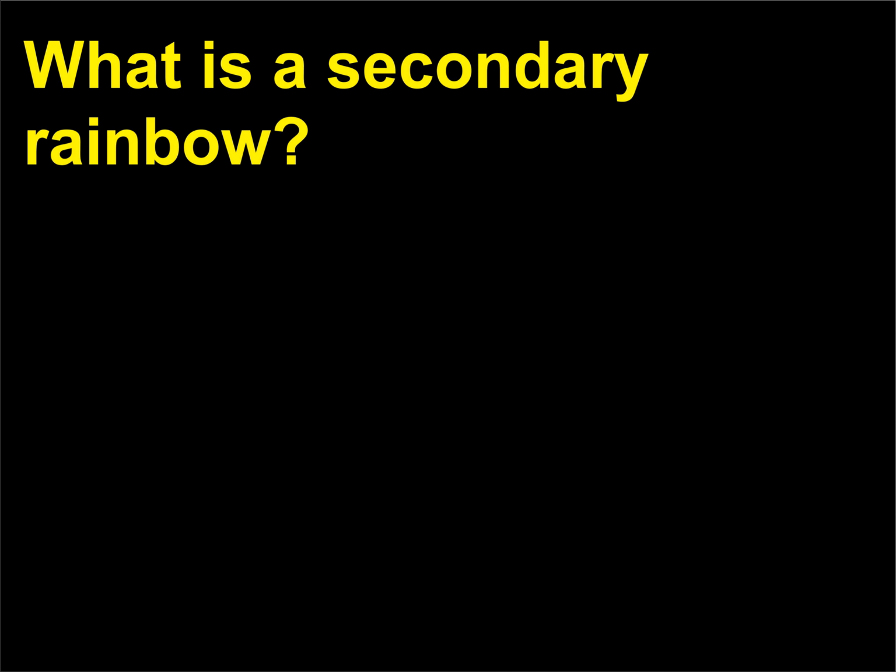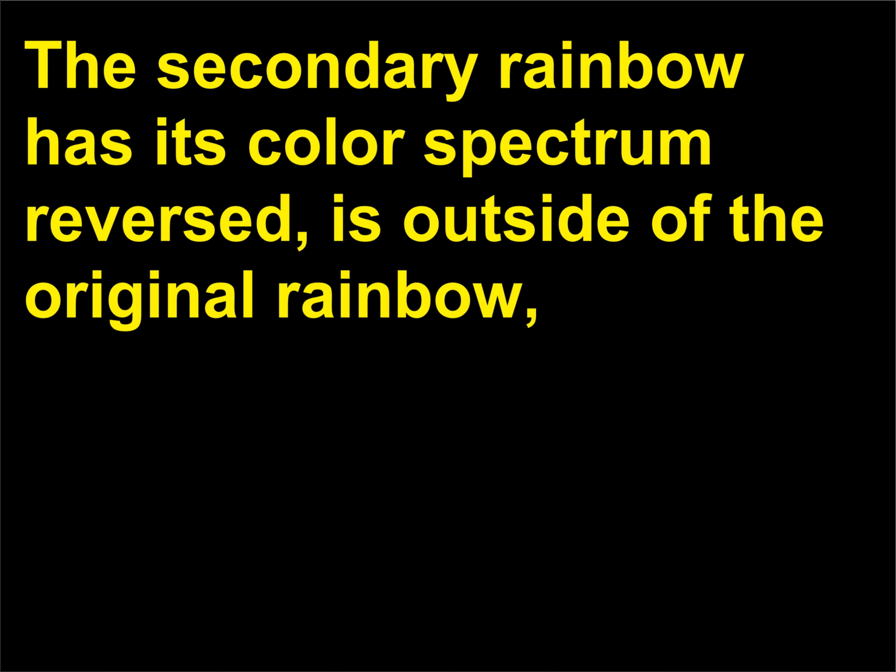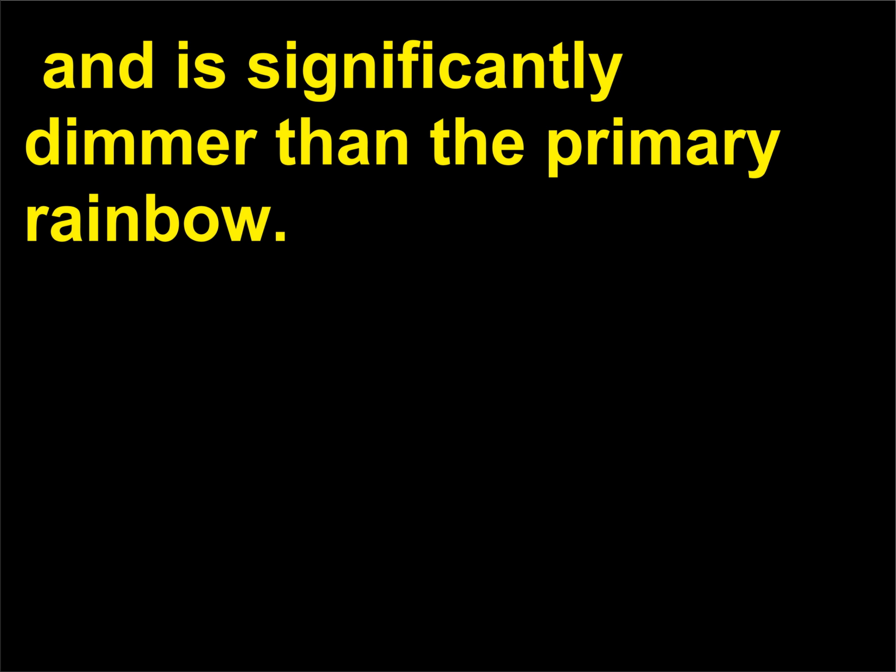What is a secondary rainbow? The secondary rainbow has its color spectrum reversed, is outside of the original rainbow, and is significantly dimmer than the primary rainbow.